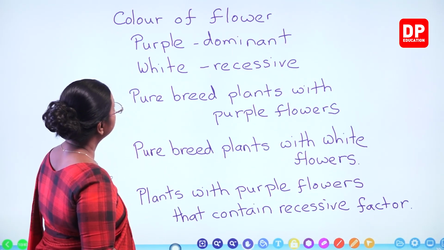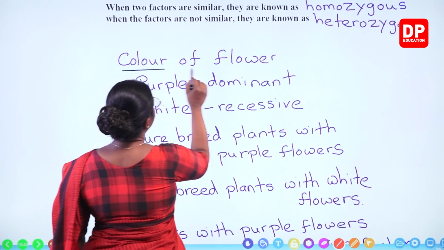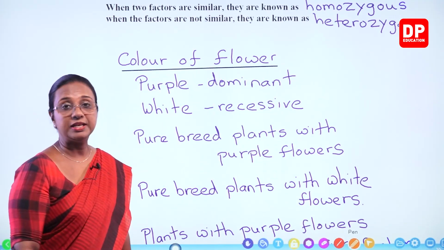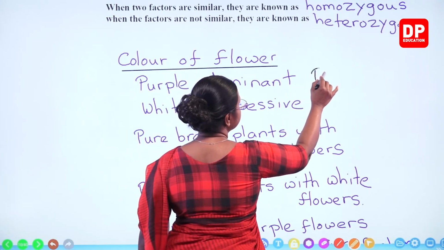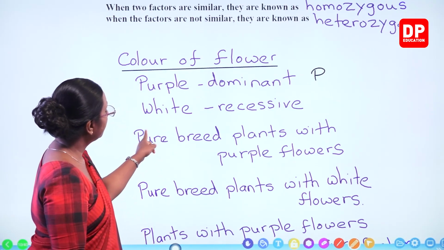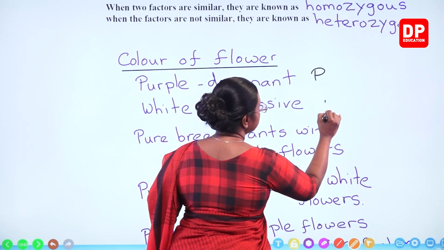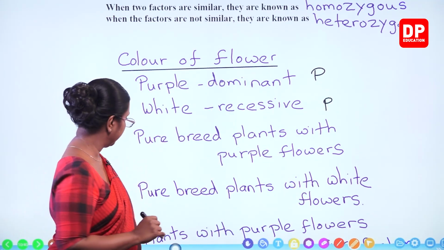Now then, if we write the letters. For color of flower, purple color is dominant. So how do we write the letter? Purple, dominant, means capital P. White color is recessive, so we use simple p.